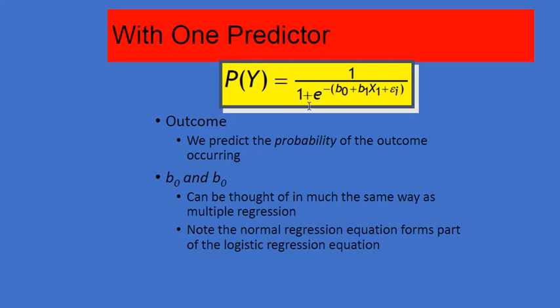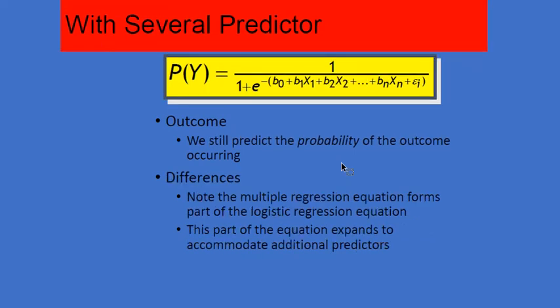There are two variables, b naught and b1, involved in this equation, and these can be thought of in much the same way as in our previous simple linear regression equation. You can consider these variables to be behaving in the same way as before. Note that the normal regression equation forms part of the logistic regression equation.